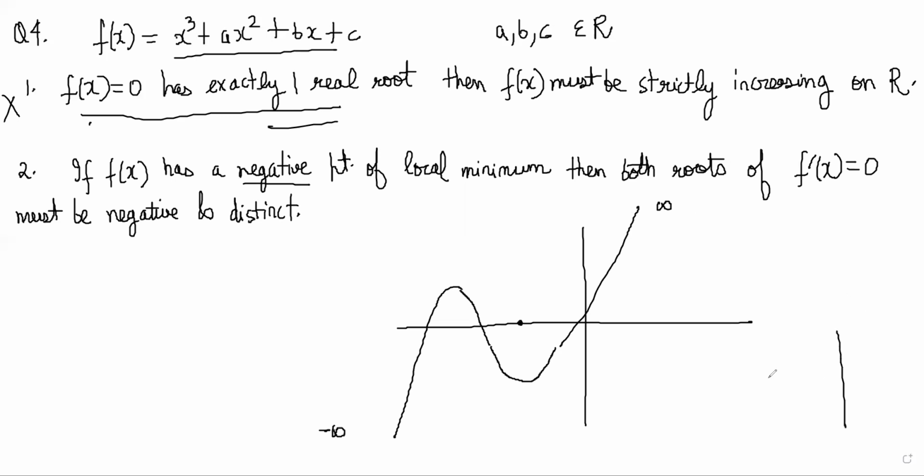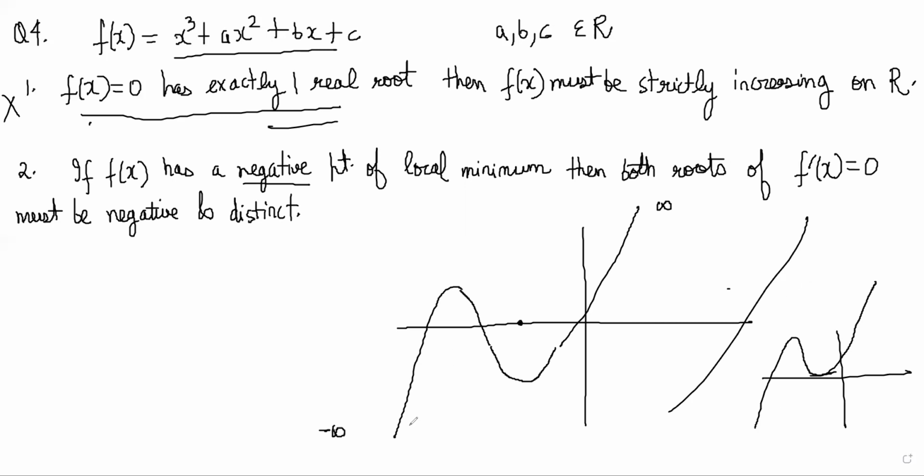You could also have drawn the curve like this, which is above the x-axis, but that doesn't change anything. The local minimum is still negative. You cannot draw the curve just increasing or just decreasing now.